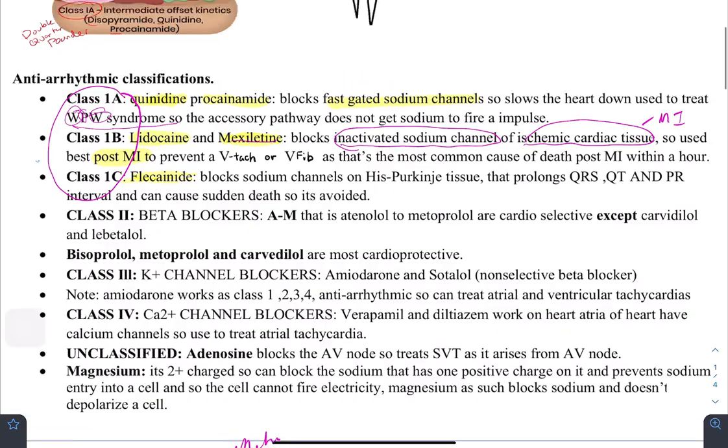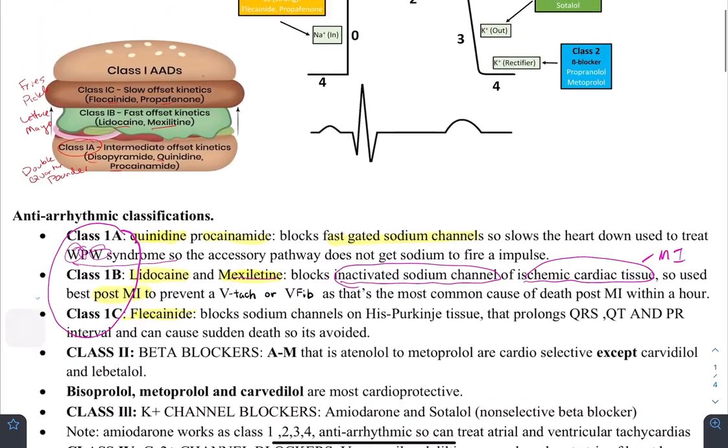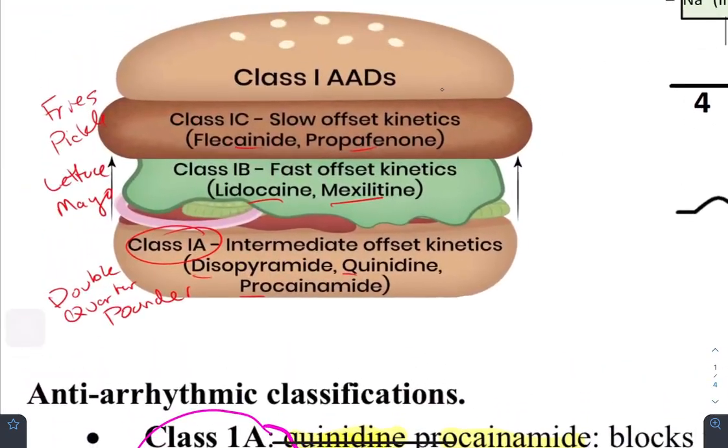And to do that, let's study the hamburger anatomy. This is a picture of the hamburger anatomy. So it represents class 1 sodium channel blocker, which is subdivided into A, B, and C.